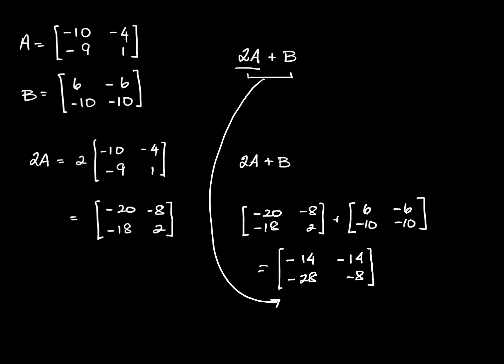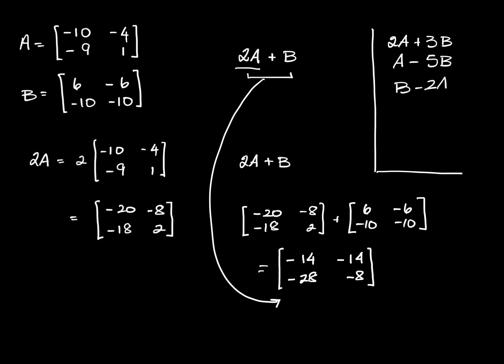You might also see, for example, 2A plus 3B, or A minus 5B, or B minus 2A, or let's see what other combinations we might come up with here, negative 3B plus 5A.